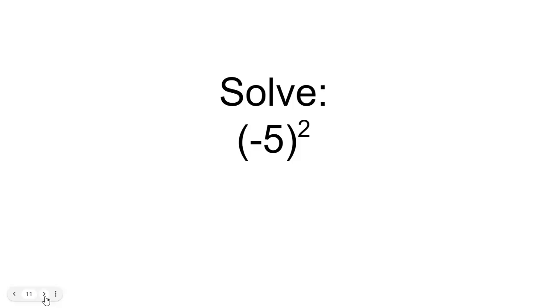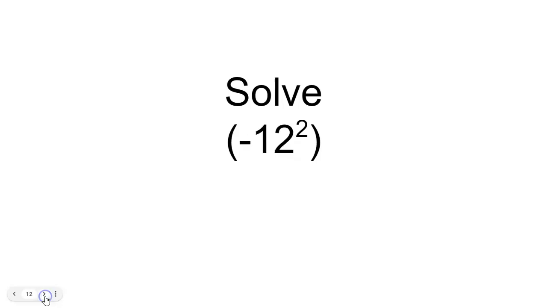-5 squared. That's like saying -5 times -5. It should be 25. Remember, a negative times a negative is a positive, and all of our perfect squares are positive answers.